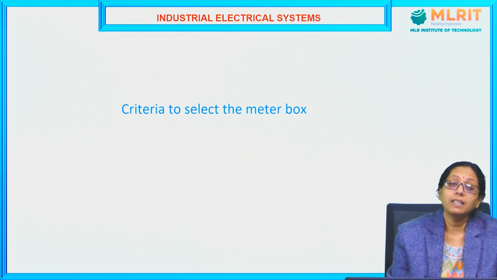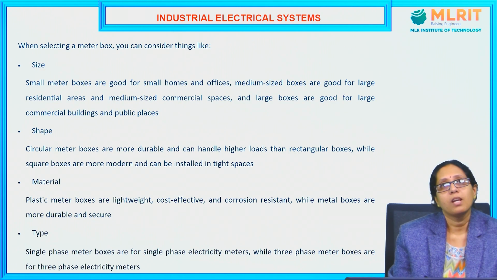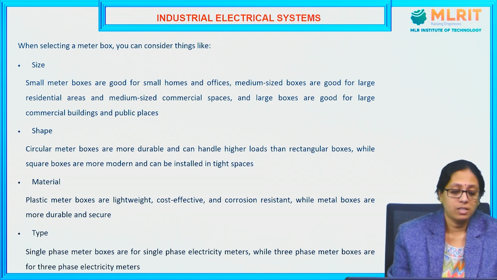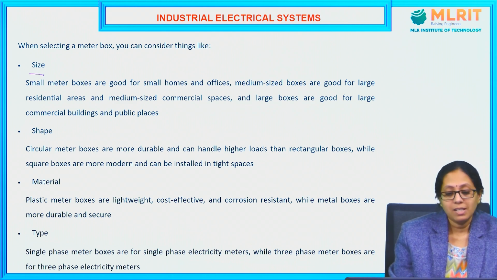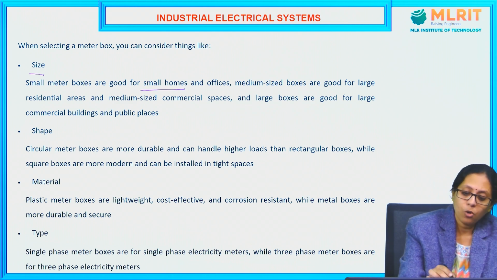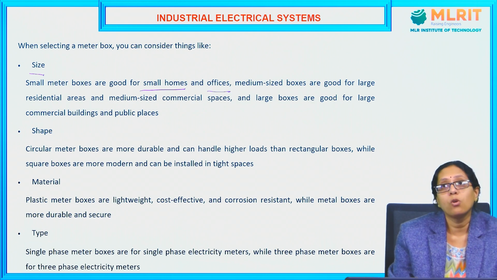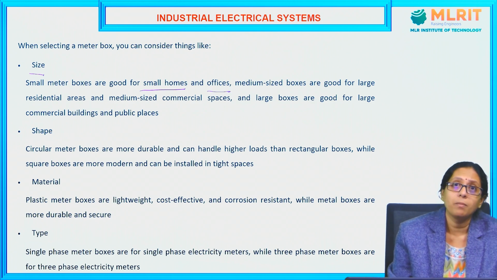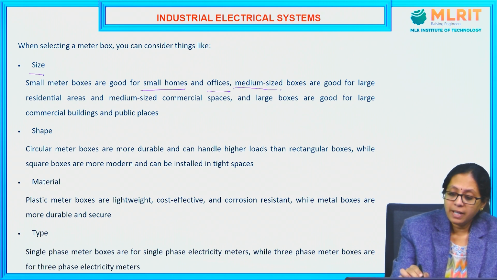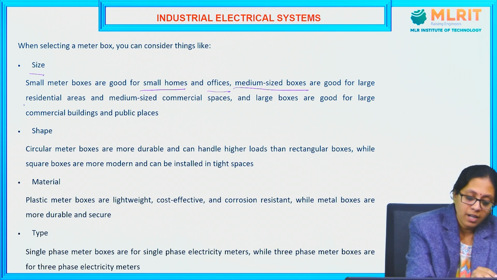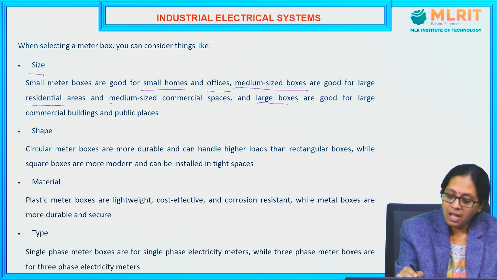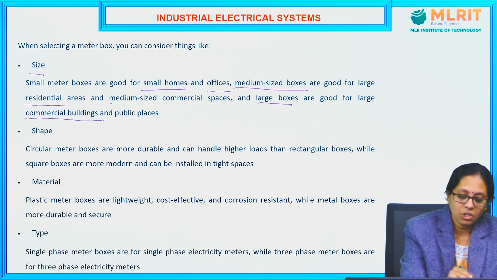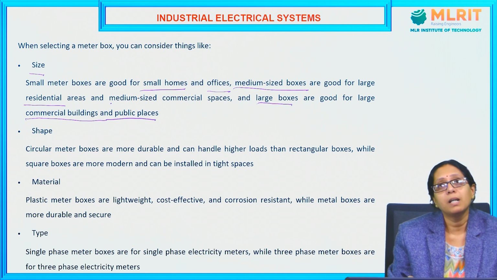Criteria to select the meter box. Here there are different criteria to select the meter box. The first one is size. A small meter box is good for small homes and offices, medium size boxes are good for residential areas, and large boxes are good for commercial buildings and public places.